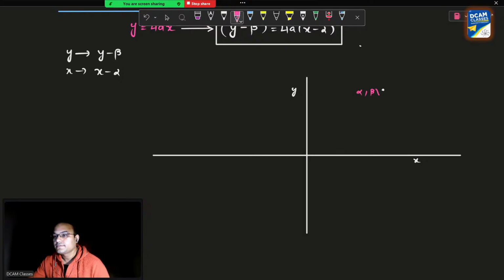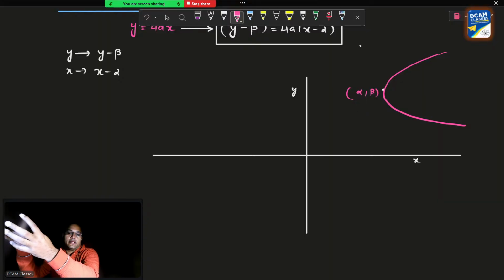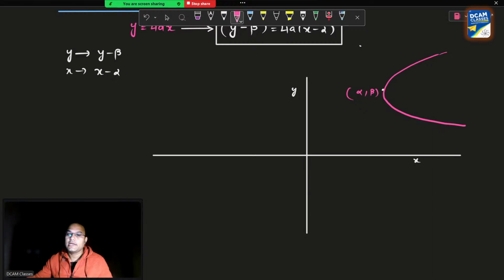This parabola remains the same, shape, everything the same. It's like you pick up the parabola and keep it there with the vertex at alpha comma beta. You understood now?